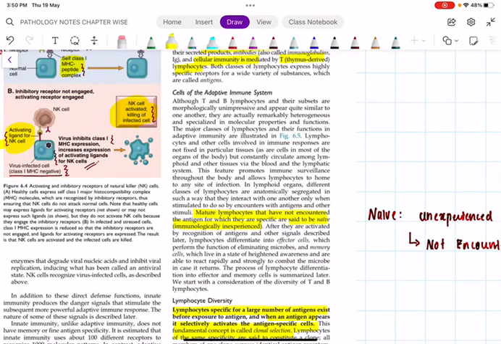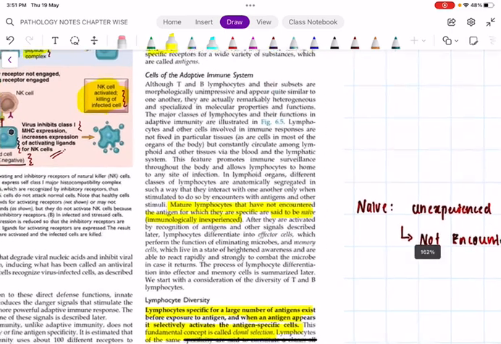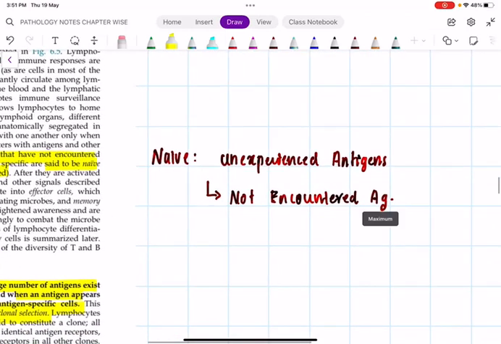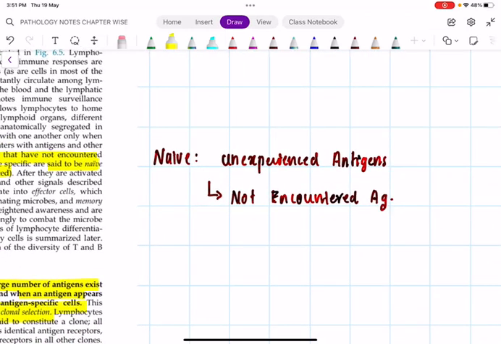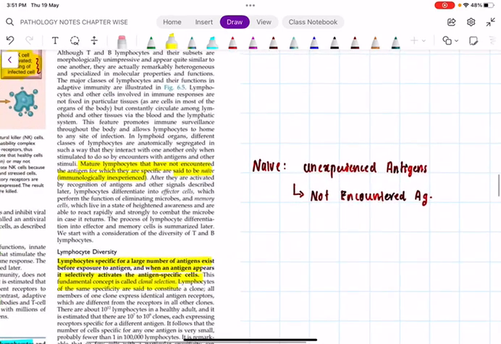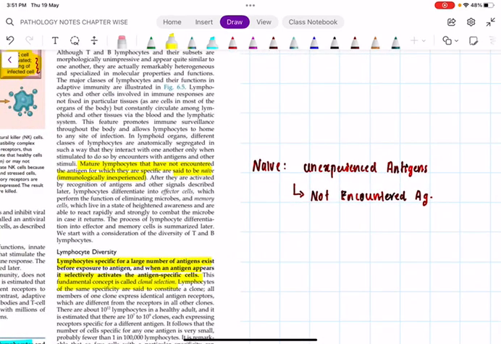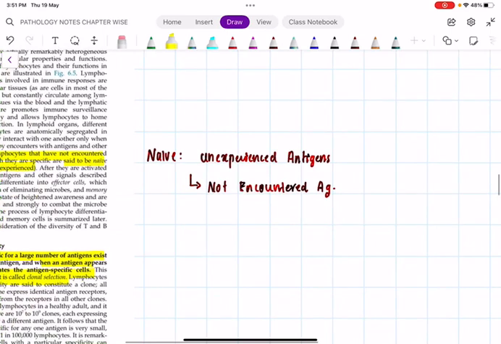Lymphocytes are formed from the lymphoid lineage from the hematopoietic stem cells. We have something we call naive cells. What are naive cells? They are immunologically inexperienced. That means they have not encountered any antigen. They are just produced, like a newborn baby.